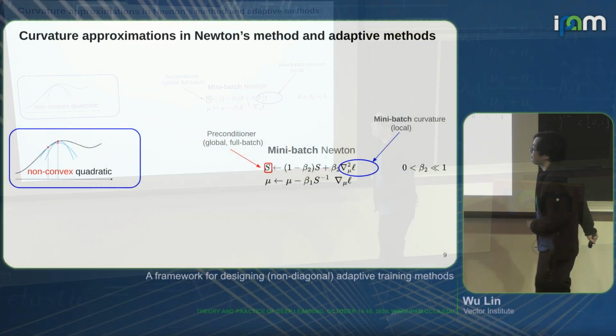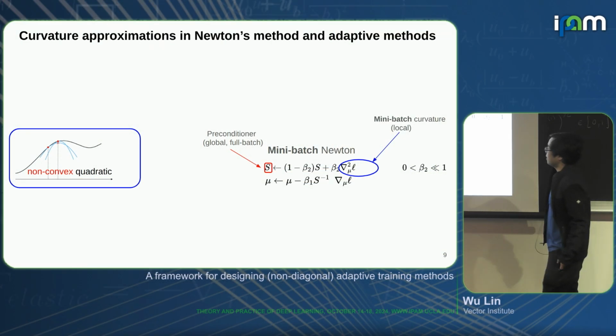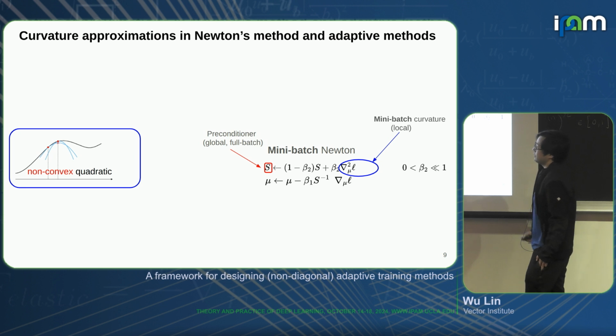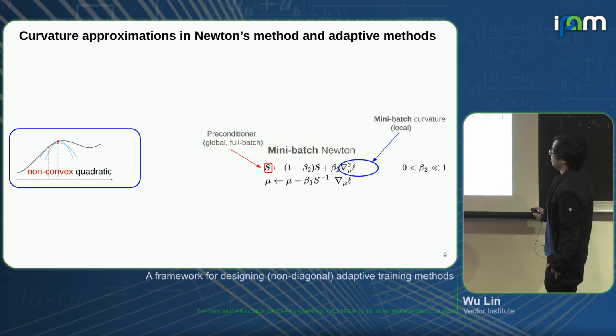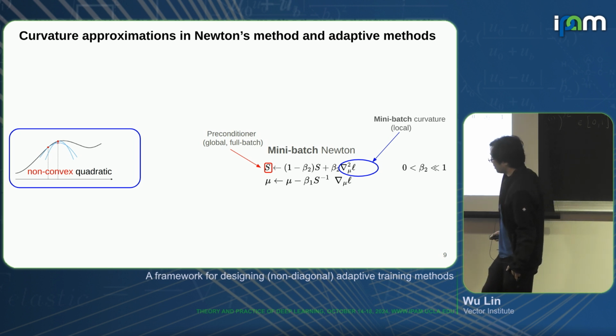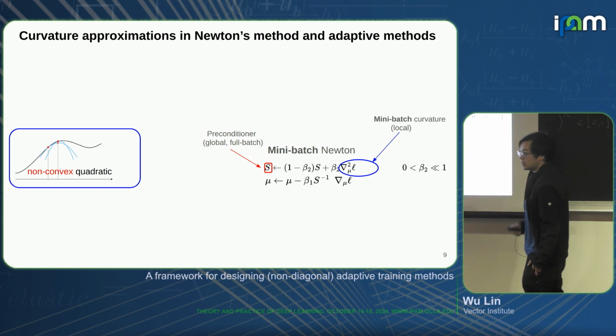Of course, in practice, we often don't use the Hessian because it is very compute intensive, even if we only compute it using a subset of data points. Moreover, the Hessian is not positive definite, which means this is a non-convex quadratic.